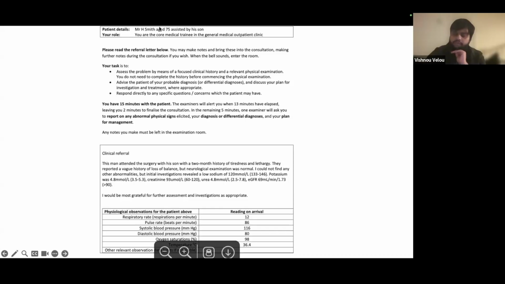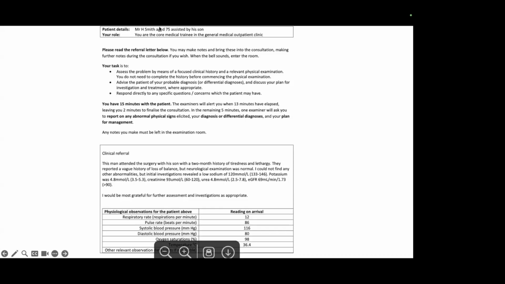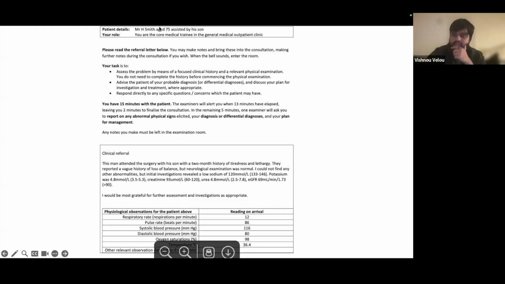Yeah, I mean, what do you think is wrong with him? There can be many different causes. With regards to what you're telling me about the tiredness and weight loss as well, I am concerned that if there is some form of malignancy, which is why we... Sorry, when you say malignancy, what do you mean by that?